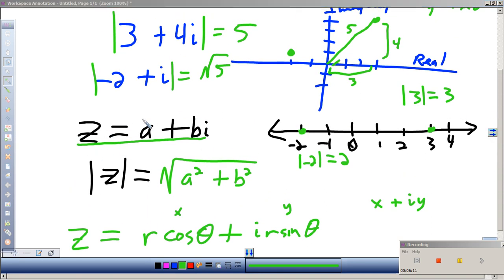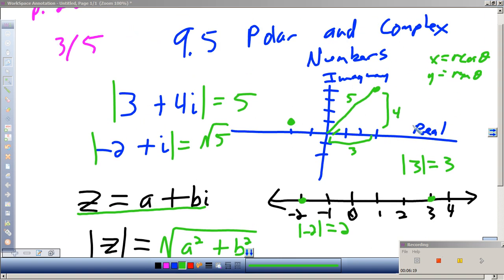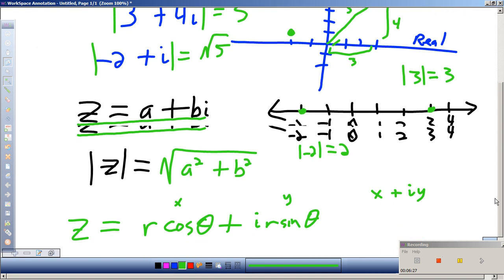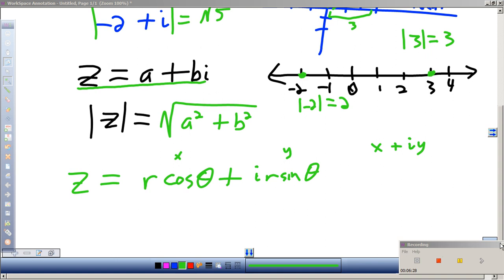Do you see the similarities in this form? So it's a plus bi. Remember, a was how much we went in the real direction, b is how much in the imaginary direction. Anybody stuck yet?